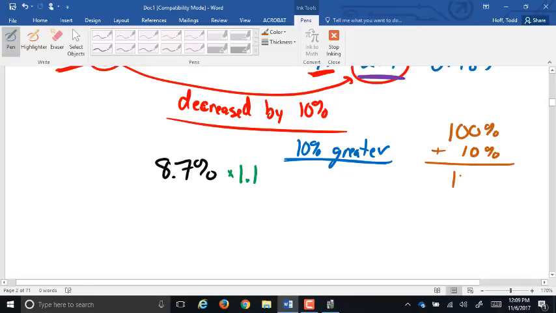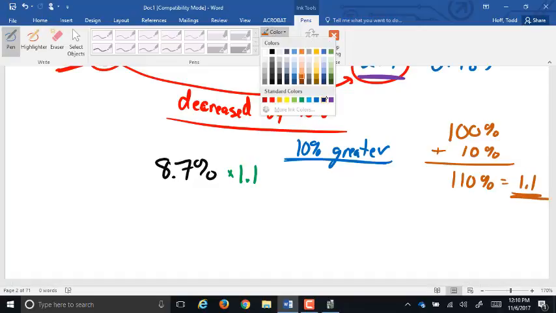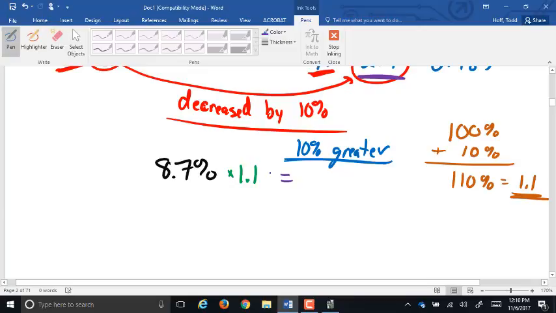There you go. It's 100% plus 10% is 110%, which as a decimal is 1.1. So the 8.7% times 1.1 is 9.57%. That's going to be your rate of change that you use. You're just going to have to calculate these out because that's going to become totally different. Changing that by 10% is going to do more than changing the balance by 10%.